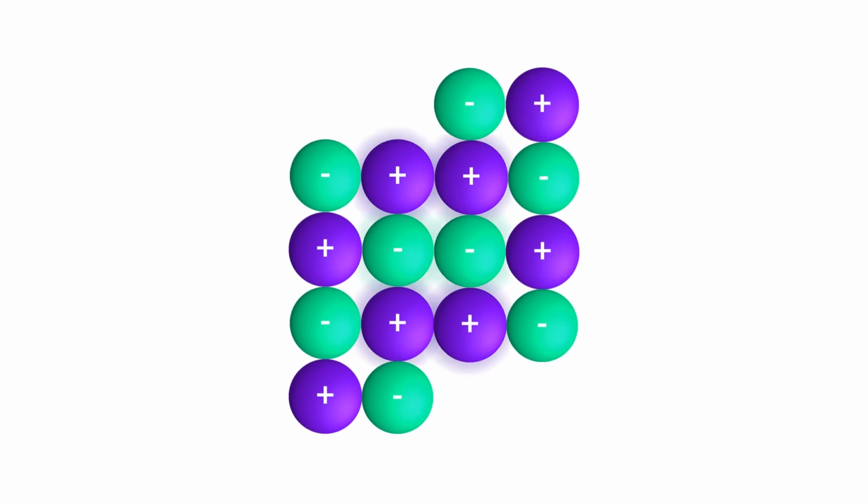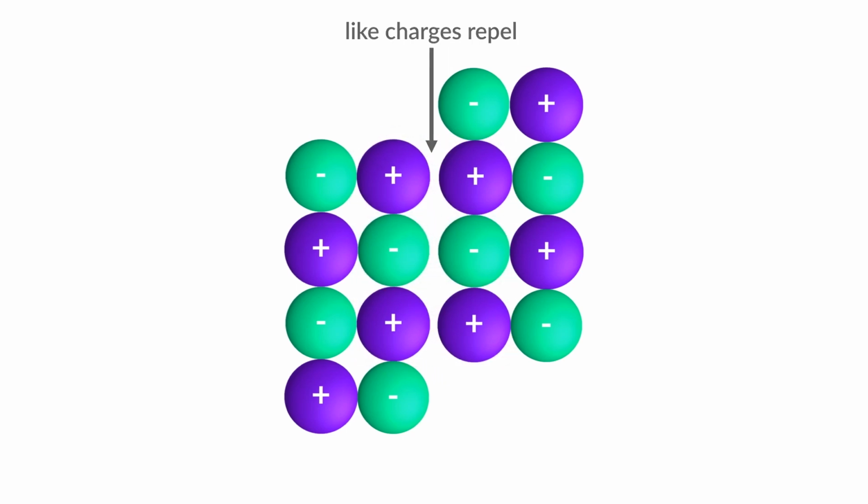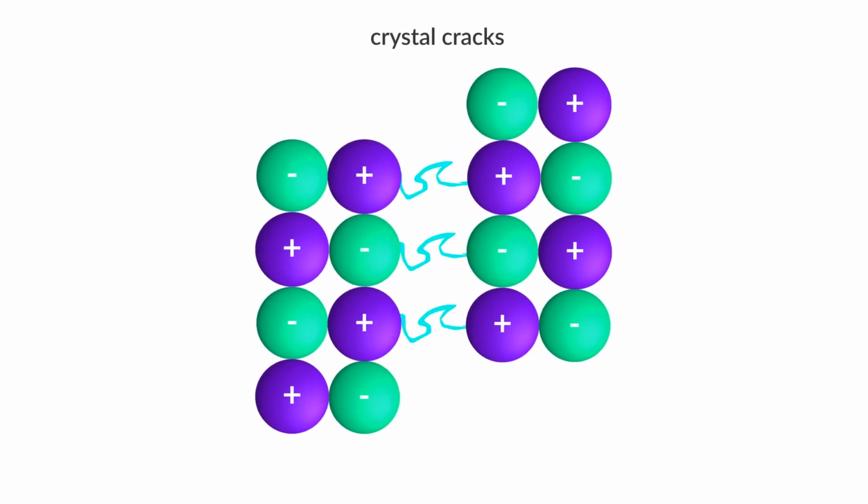This can cause similar ions with the same charge to get close to one another. Positive ions get close to other positive ions, while negative ions get close to other negative ions. This results in repulsion, which then causes the ionic crystal to break, thus brittle.